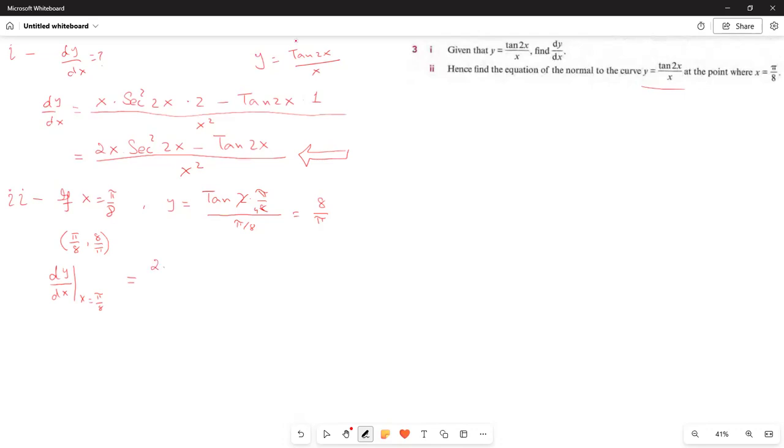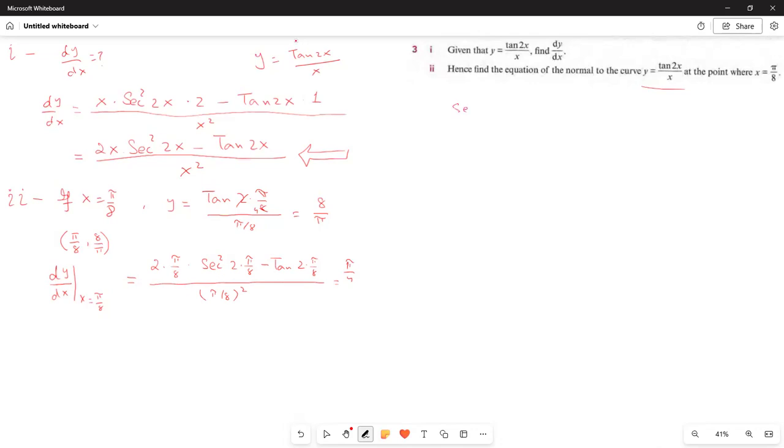So it is 2 times x, where x is pi by 8, times secant square 2 times pi by 8, minus tangent 2 times pi by 8, over x squared, so pi by 8 square. Okay, so what will happen here? You see, pi by 8 times 2 will become pi by 4. So this is also pi by 4. And secant squared pi by 4.